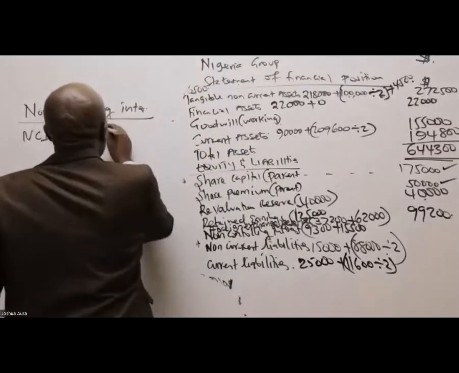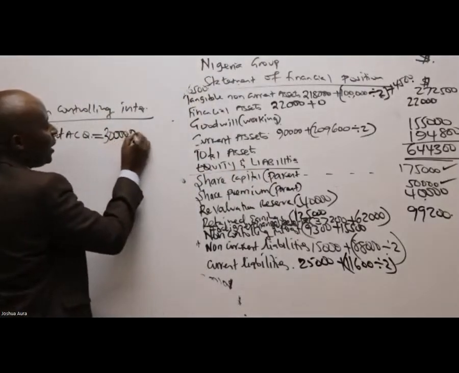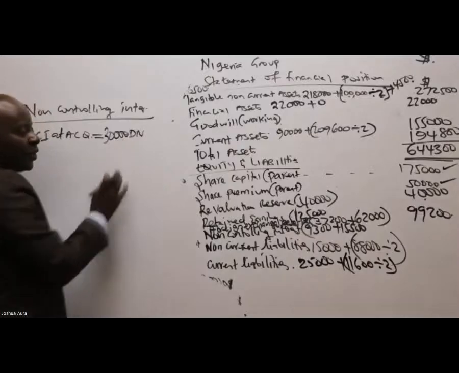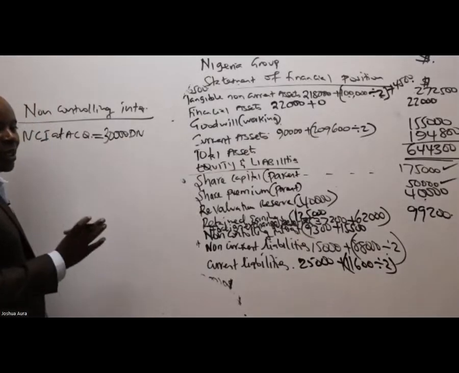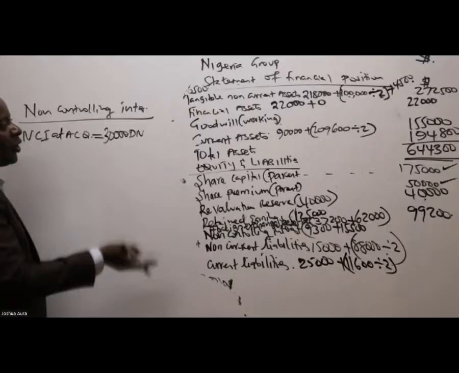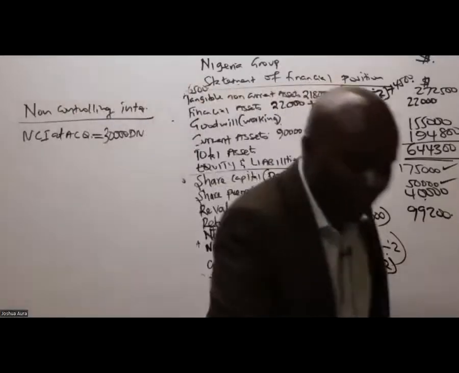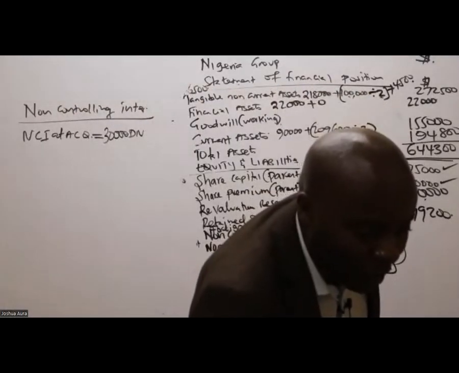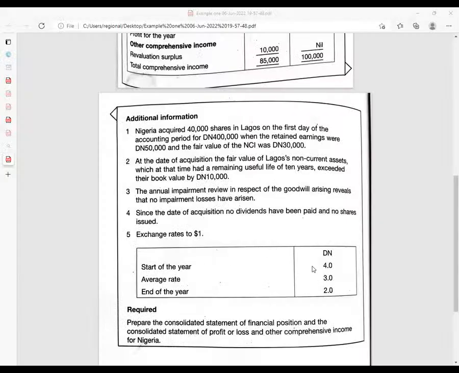But now remember that this 30,000 is in foreign currency, DN. I need to retranslate this. Of course, I know I'm dividing. So what should I divide this with, 2 or 4? It can't be the end of the year. It has to be the rate at the start of the year when I was acquiring. Why am I saying that?